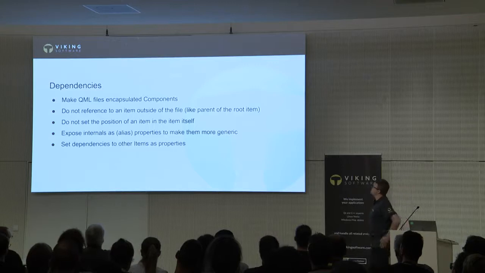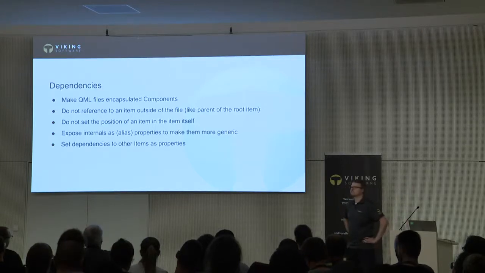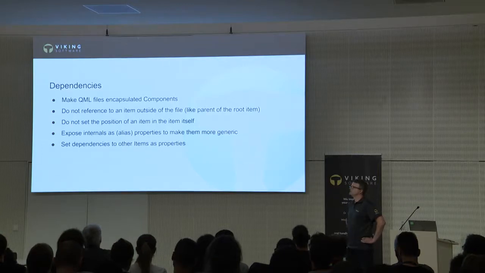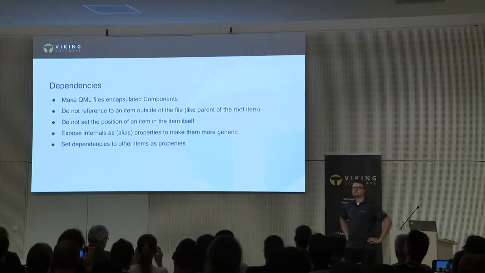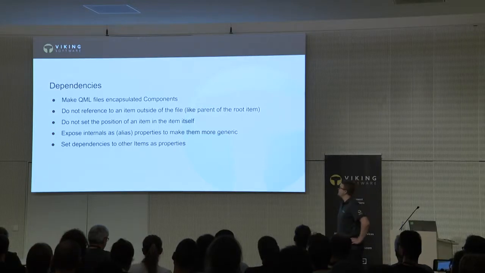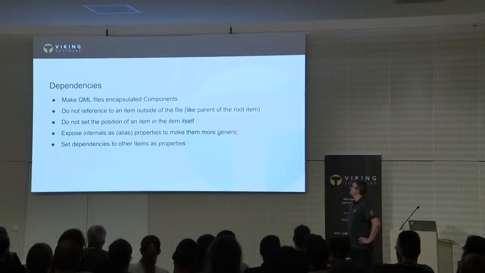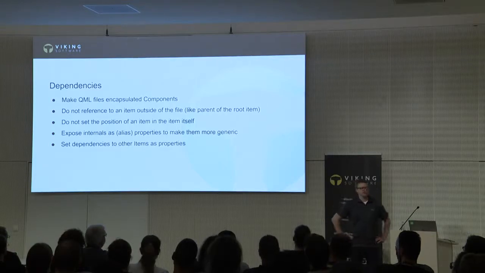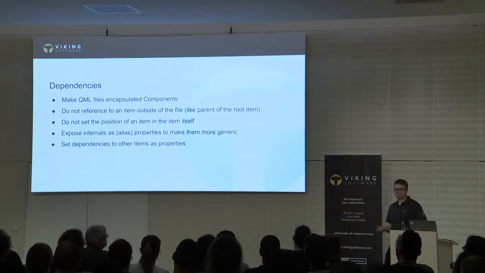So what else? Dependencies. As usual in software development, try to keep the dependencies low, and encapsulate your classes, and in this case, items and components. How to do that is not that easy, but one thing is, for example, don't reference other items that you don't know.